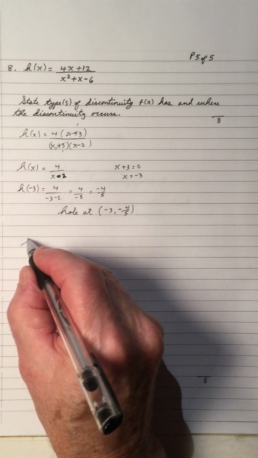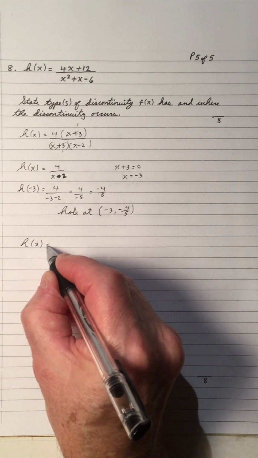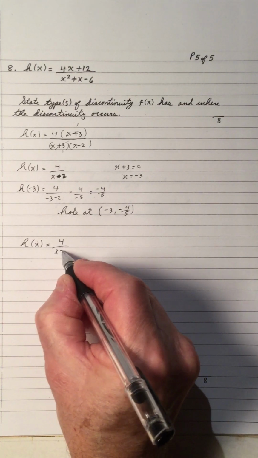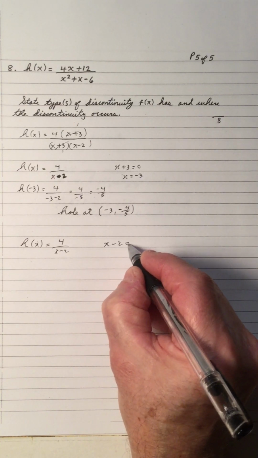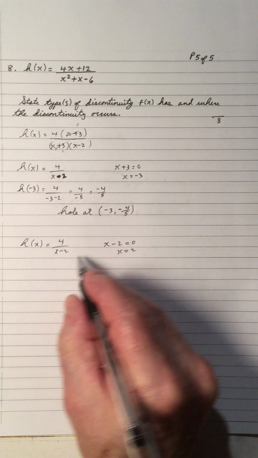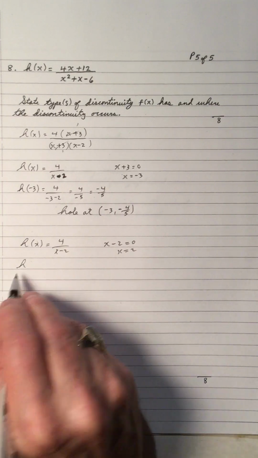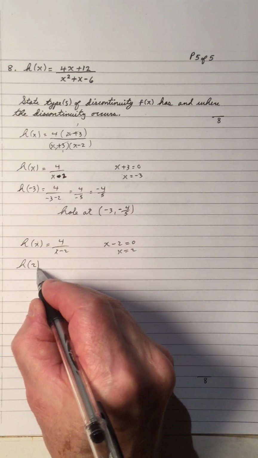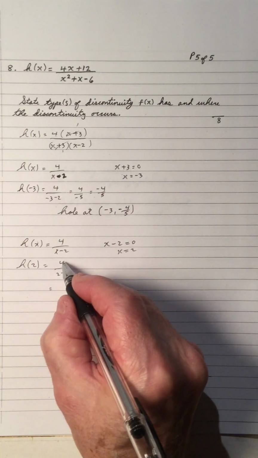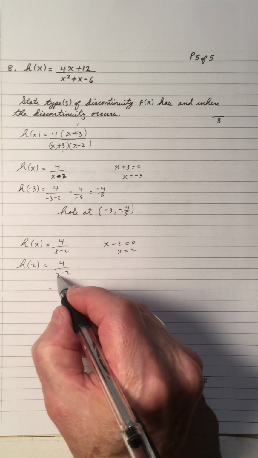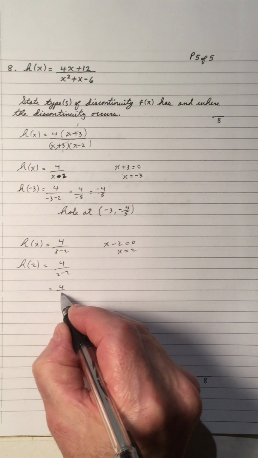Now we also have 4 over x minus 2. So when x minus 2 equals 0, x is 2. We cannot have a zero denominator. If we put 2 in the place of x, we get 4 divided by 2 minus 2, so it's 4 over 0.